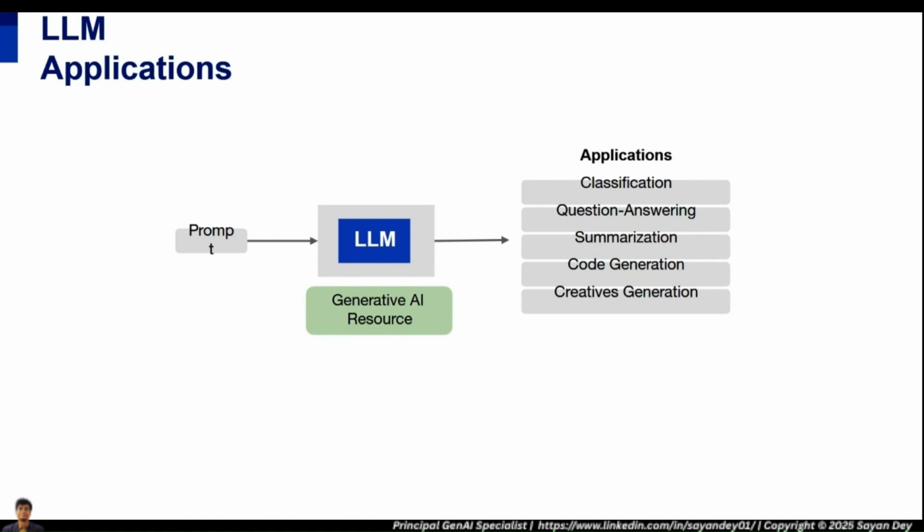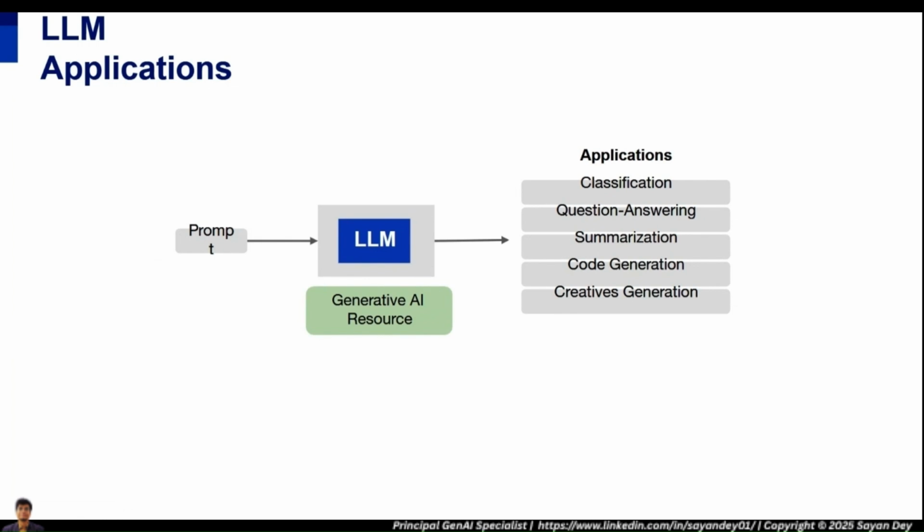Another good example could be technical documentation, because the organization here works with a lot of technical documentation, right? Let's say there's a support ticket that somebody has raised. We can look at the content or the text of the support ticket, and based on that, the model will classify what support category that particular ticket belongs to.